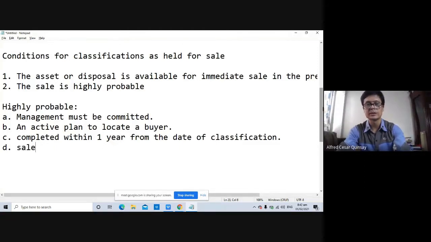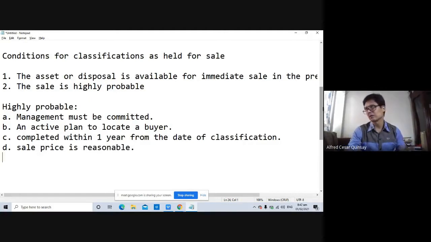So yung sale price niya, okay, is reasonable. Okay, reasonable. Hindi naman yung ibig sabihin makukuha niya yung fair value. Halimbawa, binili niya yung equipment ng 1,000,000, no? 3 years ago. Tapos gusto niyang ibenta after 3 years.